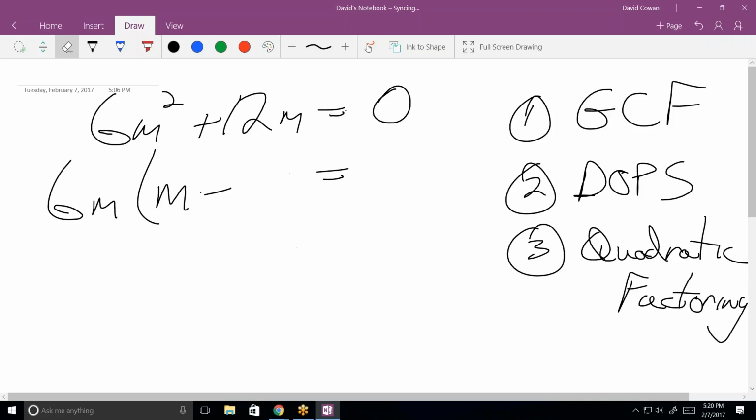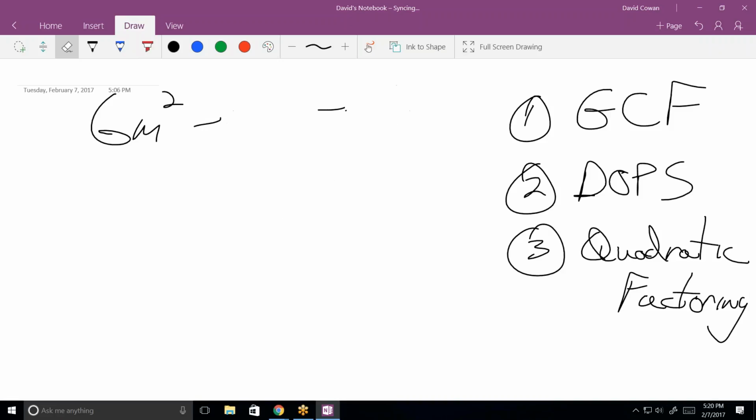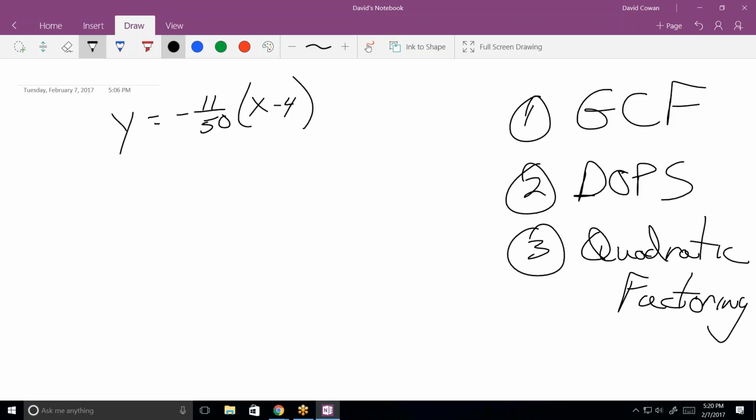Now, are all of these problems greatest common factor, or do you get beyond that today? Well, there is one that I'm kind of confused on. It's a word problem, but I can tell it to you. That's fine. The entrance width of a tunnel can be modeled by y equals -11/50, and then in parentheses x minus 4, and then in more parentheses x minus 24.